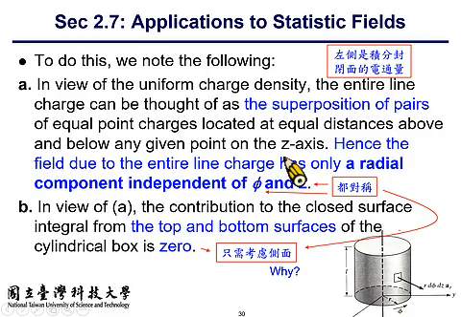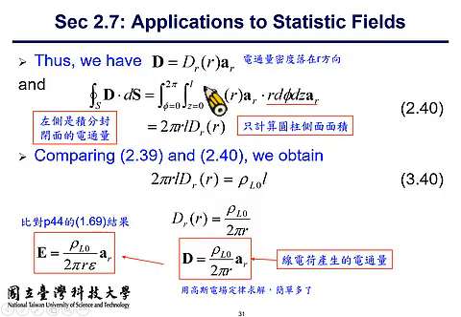So you need to only account for the electrical field passing through the side. All right? So the surface integral on the left of this Maxwell Gauss's law for the electrical field is reduced from a closed surface integral to just the cylindrical side. Okay?